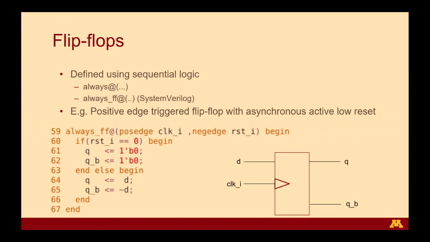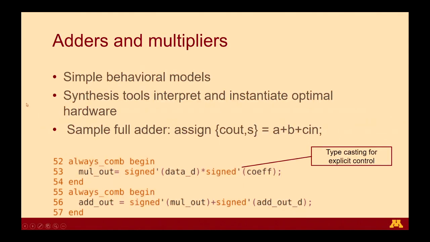This brings all errors to compile time, in case you do not write code which can be interpreted as a flip-flop. Similarly, it has introduced always_comb, which indicates to the synthesis tool that this has to be interpreted only as combinatorial logic.